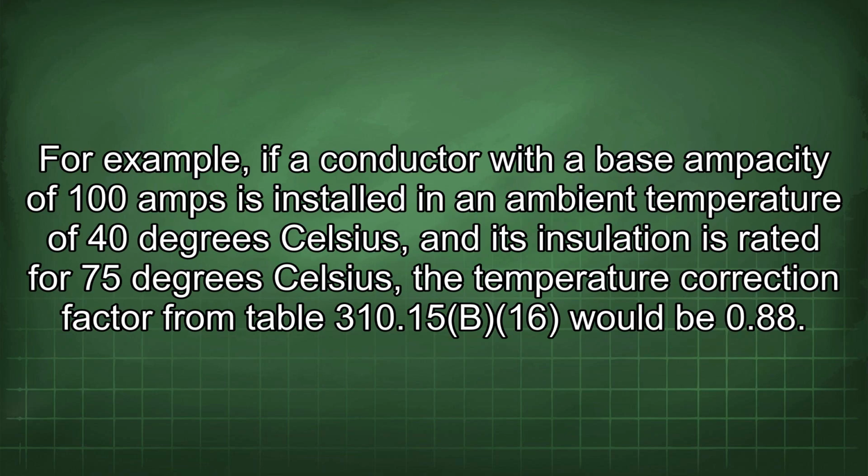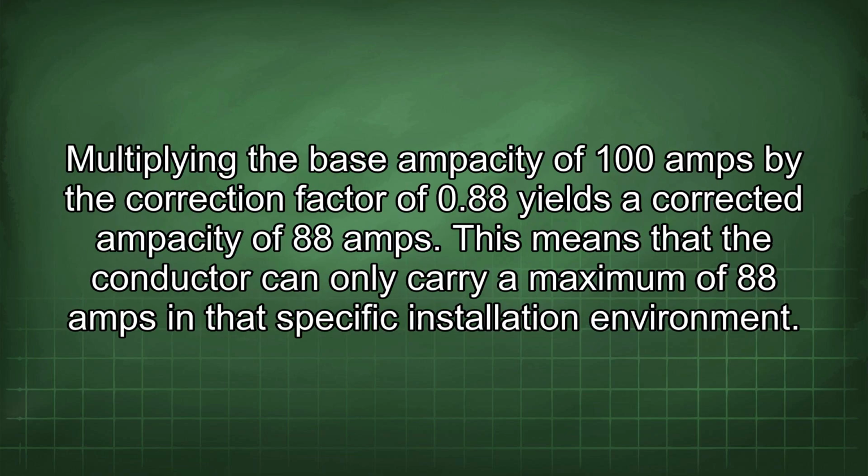For example, if a conductor with a base ampacity of 100 amps is installed in an ambient temperature of 40 degrees Celsius and its insulation is rated for 75 degrees Celsius, the temperature correction factor from the table would be 0.88. Multiplying the base ampacity of 100 amps by the correction factor of 0.88 yields a corrected ampacity of 88 amps.